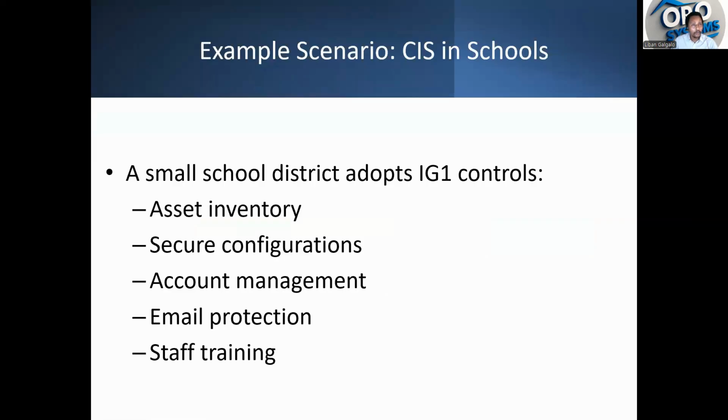For an example scenario, take CIS in a school: a small district adopts IG1 controls, like we already saw under all sections: asset inventory, secure configuration, account management, email protection, and staff training are all different concepts that can be picked from the listed controls, and then the school is able to protect their data.